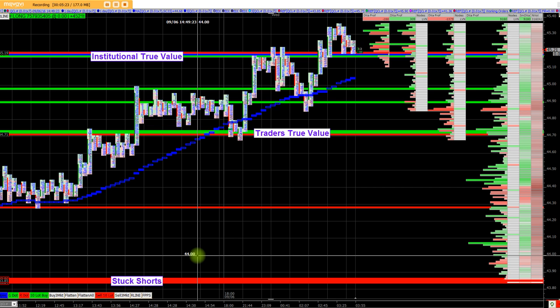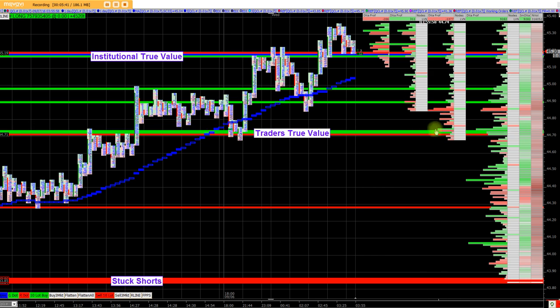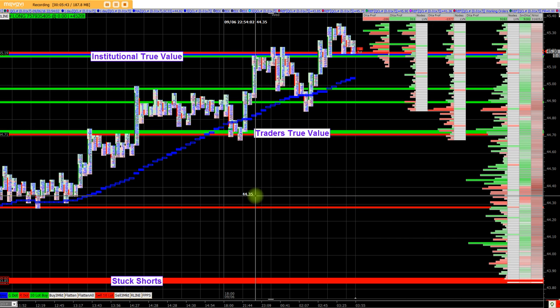And the same on the short side. If you sell something short, as soon as that position is initiated, you now become a buyer. And that's all reflected in these profiles over here, where the different buying and selling occurred.